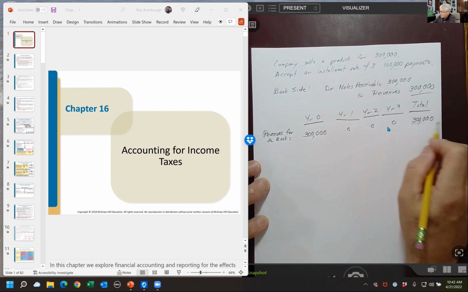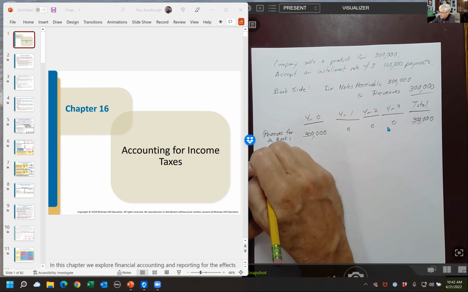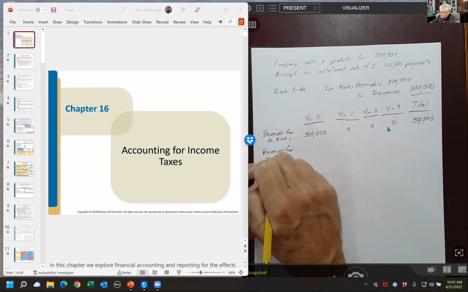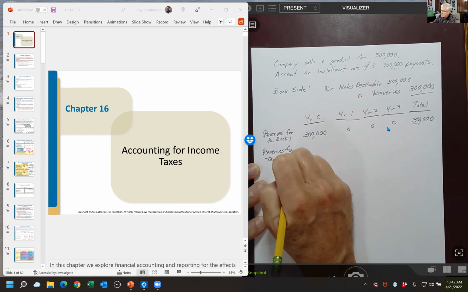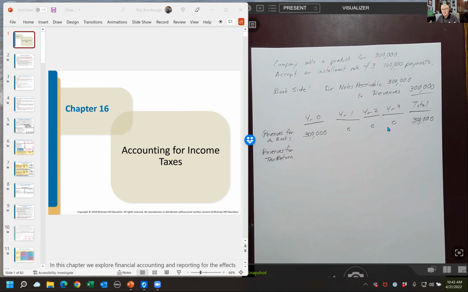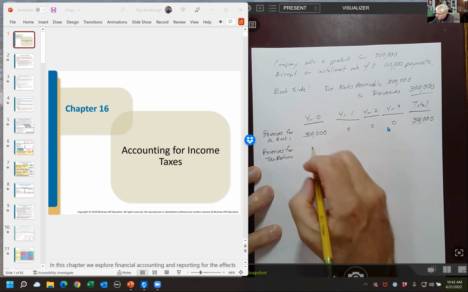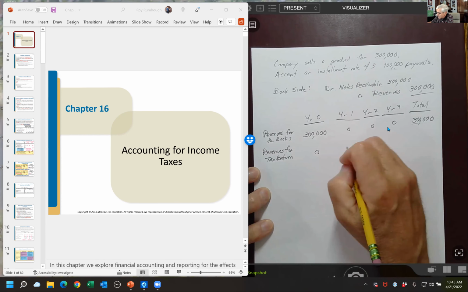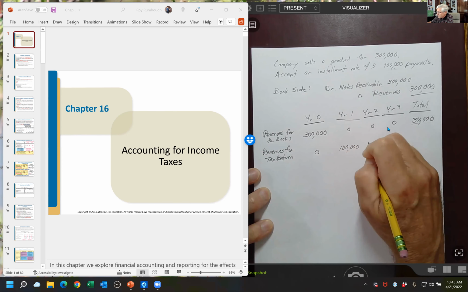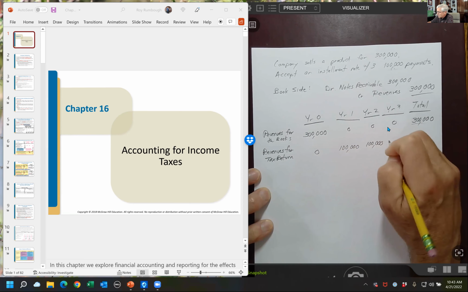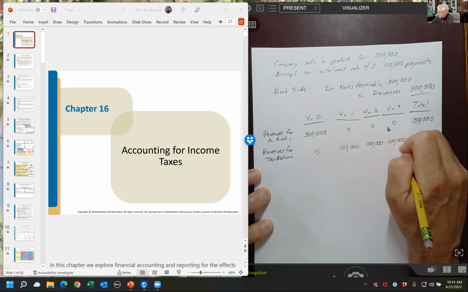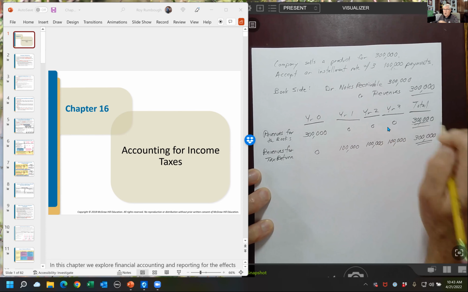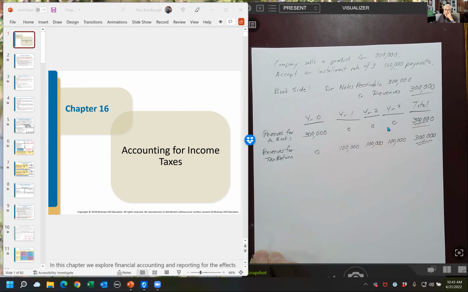So we end up with a total of $300,000. Revenues for the tax return. Sometimes I'll just say taxes; you just assume that means a tax return. The tax return doesn't record this amount. It records $100,000 of revenues in the future years, and still ends up with a total of $300,000.